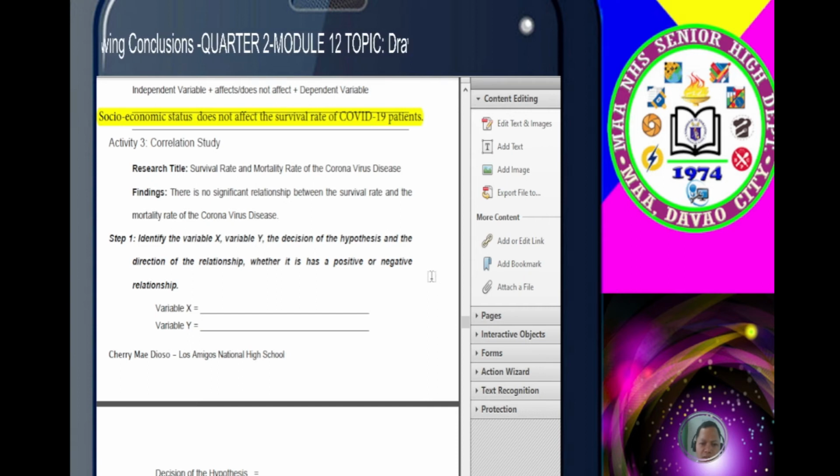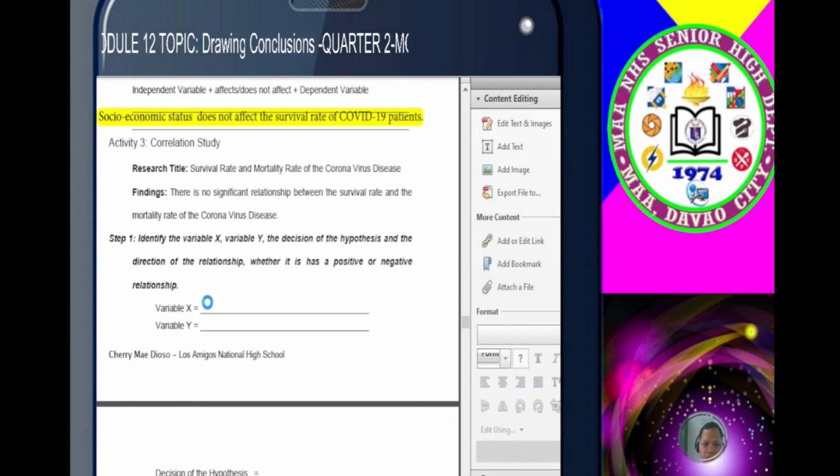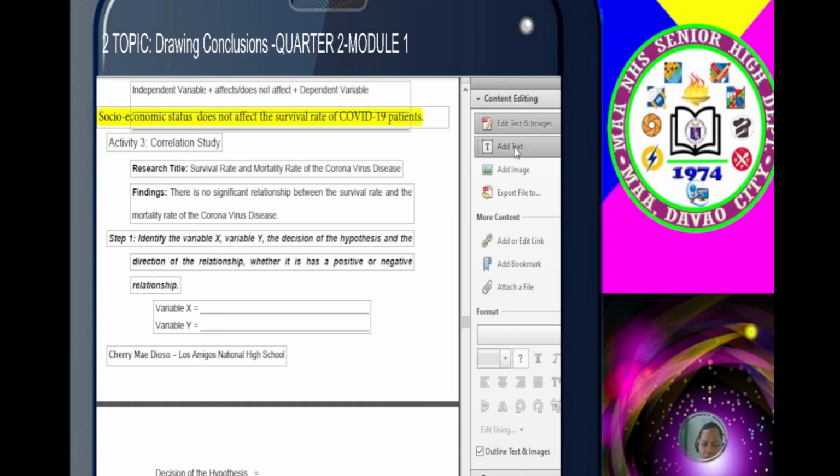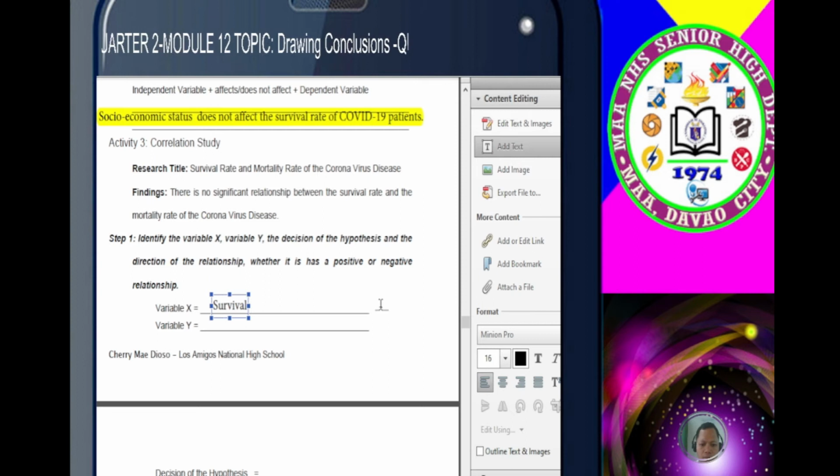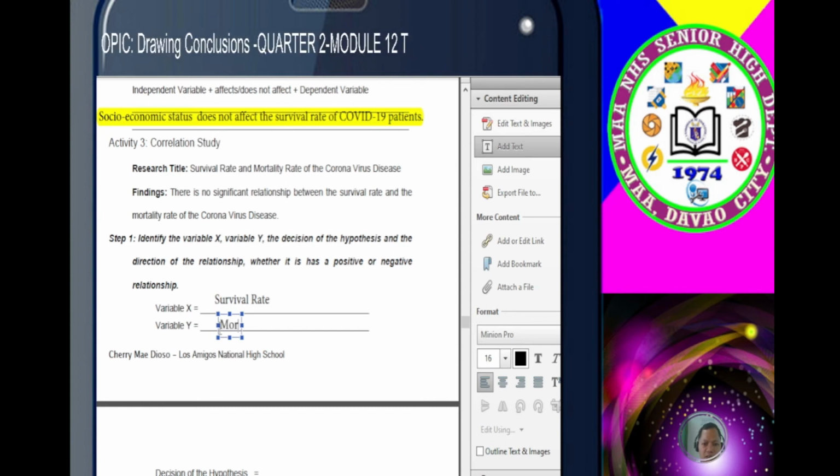Then we will determine the decision if it's positive or negative, or no relationship. Variable x here is the survival rate. Variable y here is the mortality rate.